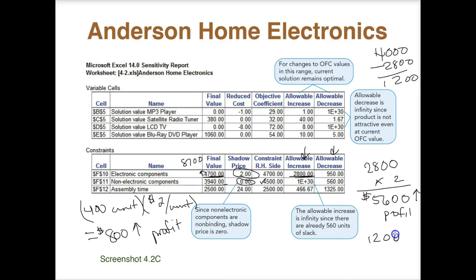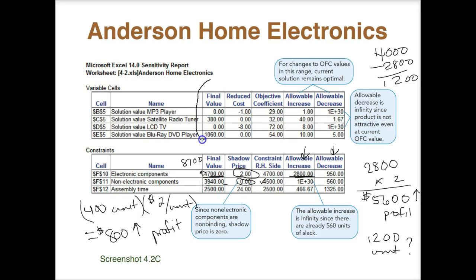For the remaining 1,200 units, we really don't know, because that's outside the scope of what the sensitivity report says. If anything, we know that at this point, if we wanted to add any more than 2,800 units, this would actually affect our optimum solution here.